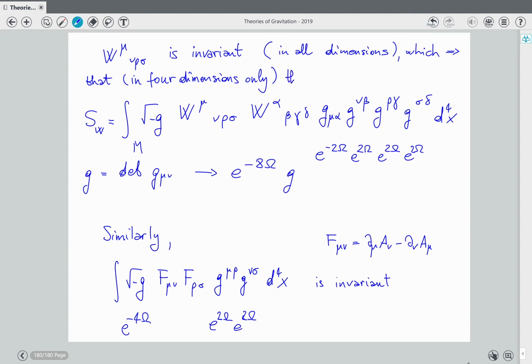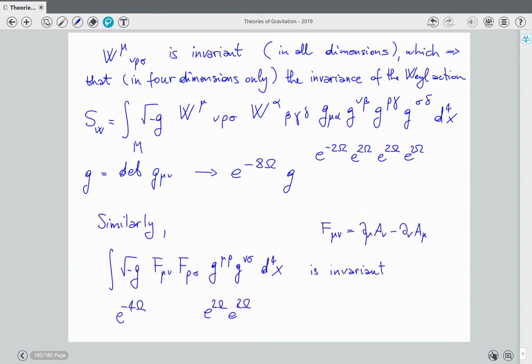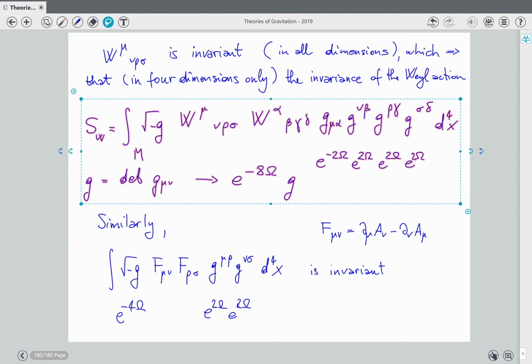The invariance of the Weil action. So the Weil tensor is invariant in all dimensions. The Weil action is invariant only in 4 dimensions.